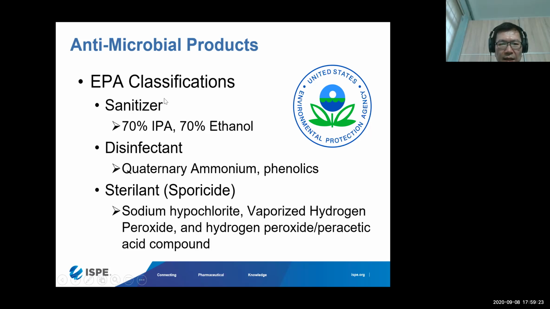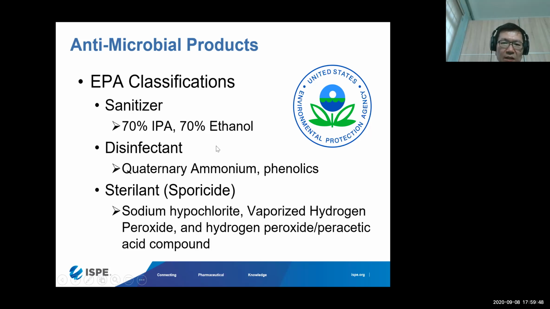So you need to understand each group of these chemical disinfectants and their efficacy. A sanitizer is basically used on a daily basis and is not very effective against the spores. The same goes for disinfectant as well. You need to have the sporicidal agent to address the bacterial spores.